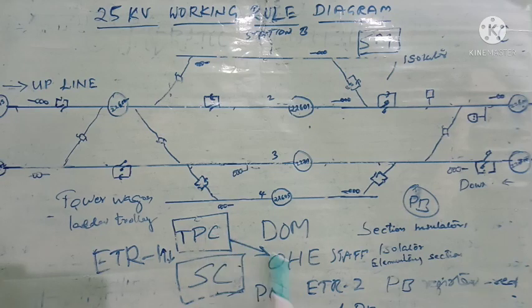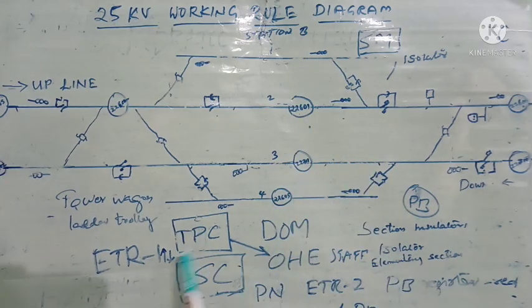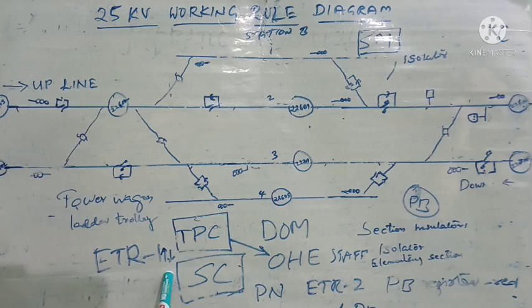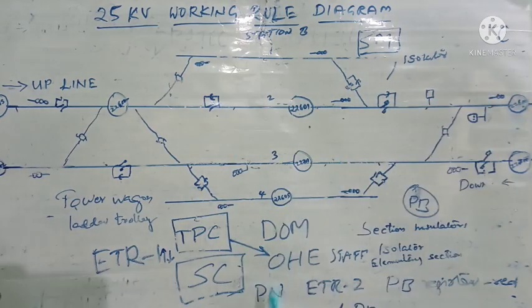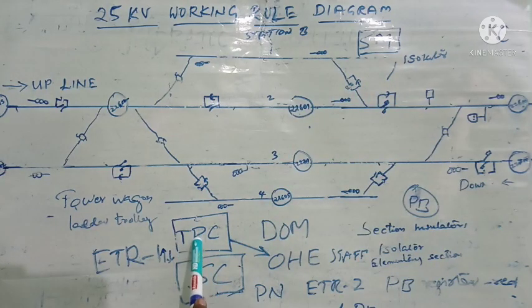So the exchange of private numbers is always there in all the messages conveyed between the TPC and section controller, station master, and TPC and OHE staff. The section controller will inform the TPC in form ETR1 that he can avail this power block and all precautionary measures have been taken. Now the TPC will inform the OHE staff over form ETR2 that they can undertake repair work.